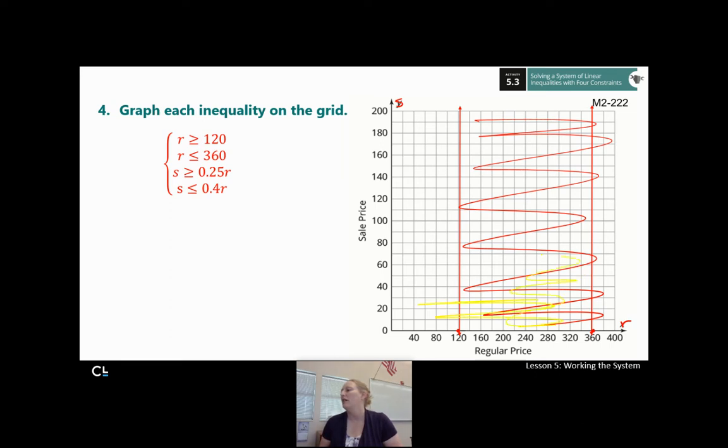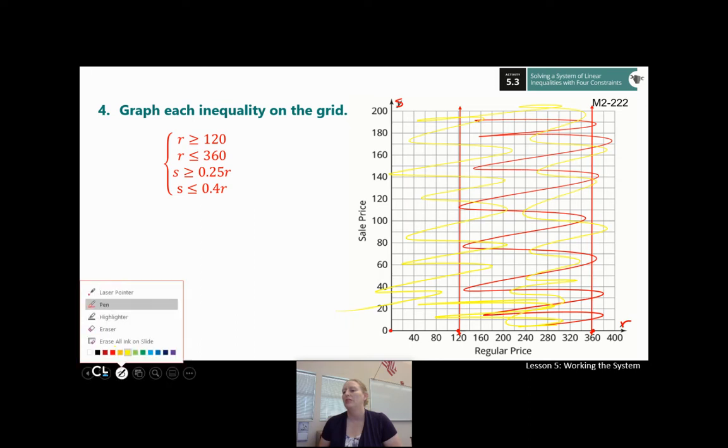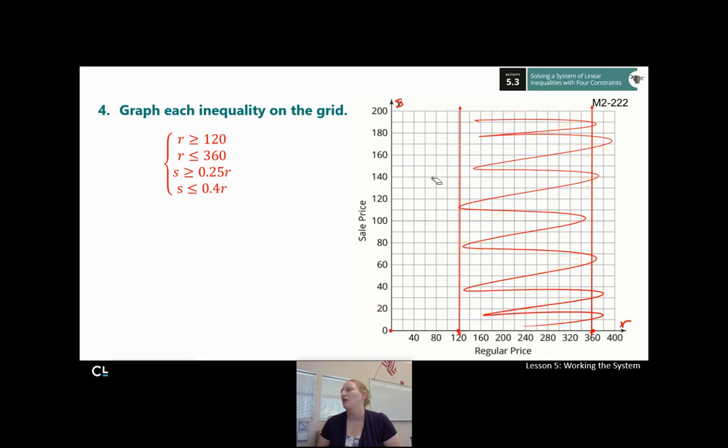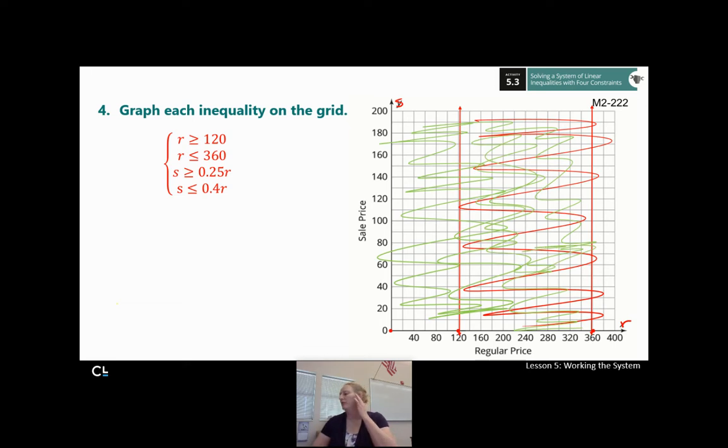Sorry about the shading job on the yellows. I'm going to try and do better, so I'll use another color so I can see it better. So we're shading everything to the left. There we go. Great.